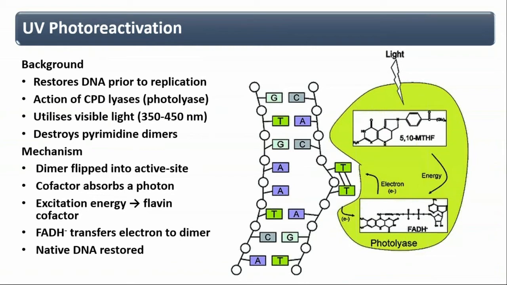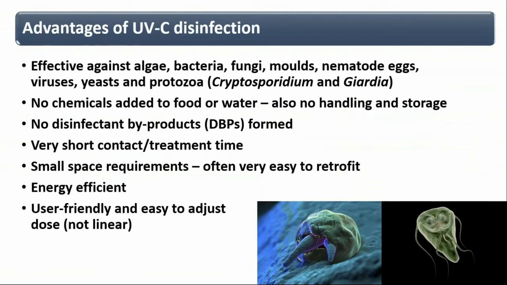So the protein enzyme actually binds to the damaged site where these thymine dimers have been formed, and through a series of enzymatic reactions, that damage is repaired, the thymine dimer bond is broken, and the DNA strand is restored, and therefore replication can take place again. And I'm sure this will be covered in the later applications. It's very dependent on the doses and the type of UV that is used that can minimize the amounts of photo repair or dark repair.